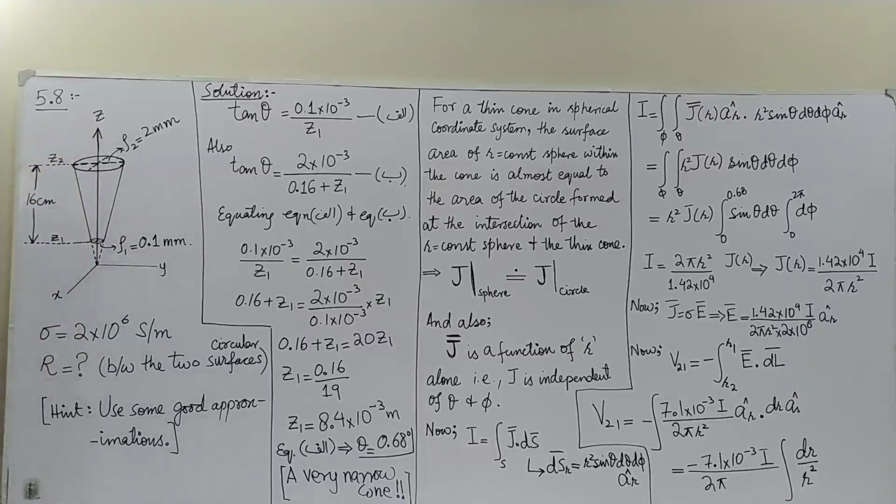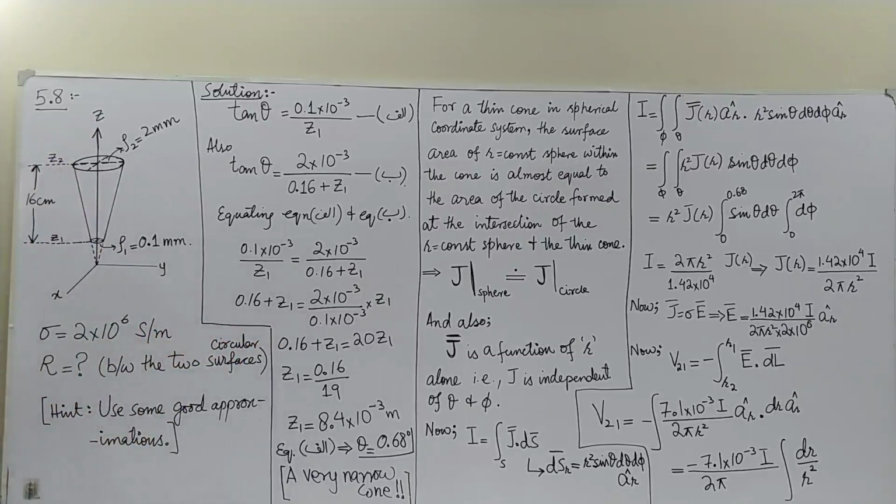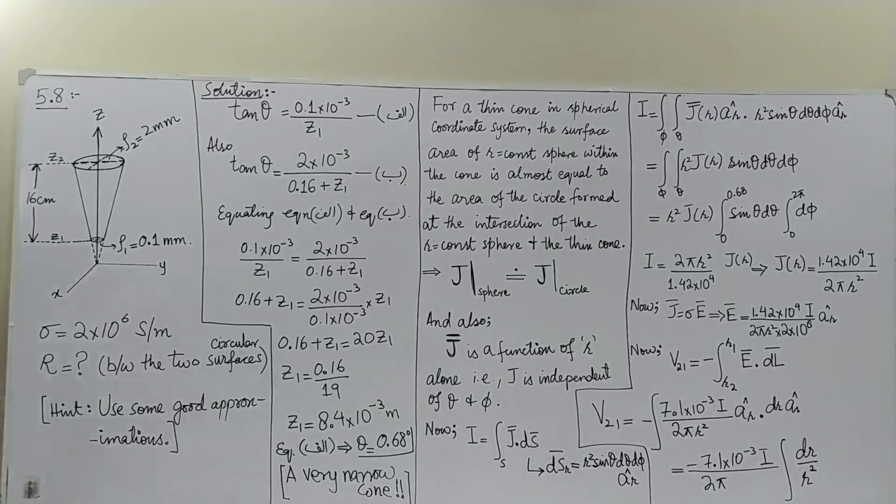In these two ways a cone can be made finite, and that kind of cone is known as a truncated cone. This one has been truncated from the top and the bottom as well.